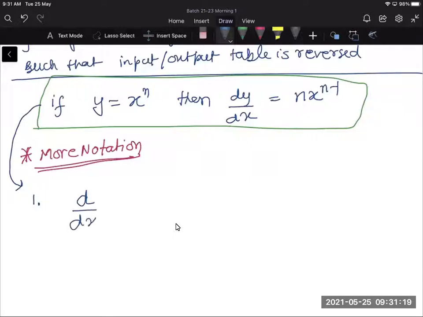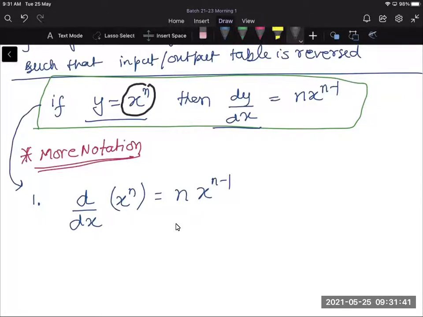d by dx of x raised to the power n is equal to n x raised to the power n minus 1. I mean, you can't get easier than it. What have I done? Well, I was writing कि y is equal to इतना है और dy by dx equal to इतना है. तो मैंने क्या किया, मैंने बोला अच्छा ठीक है, अगर y की वैल्यू x पावर n है, let me put it here.